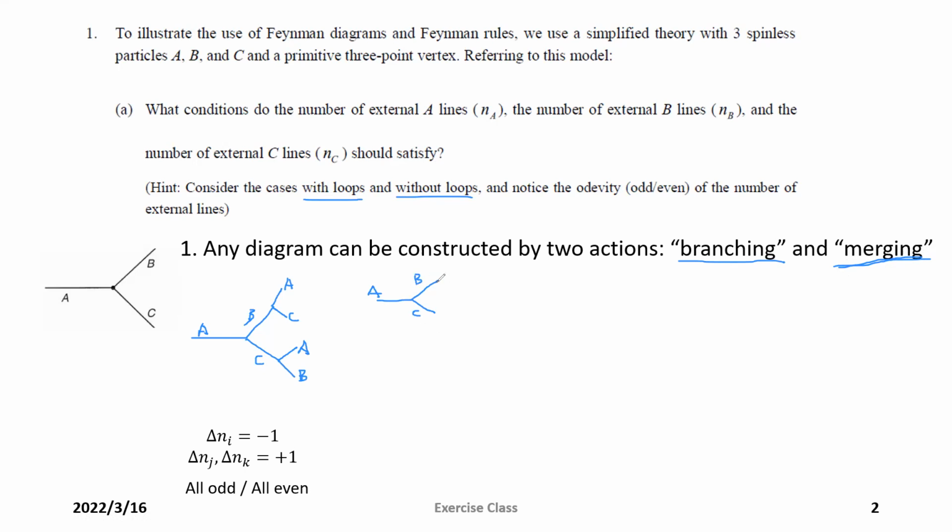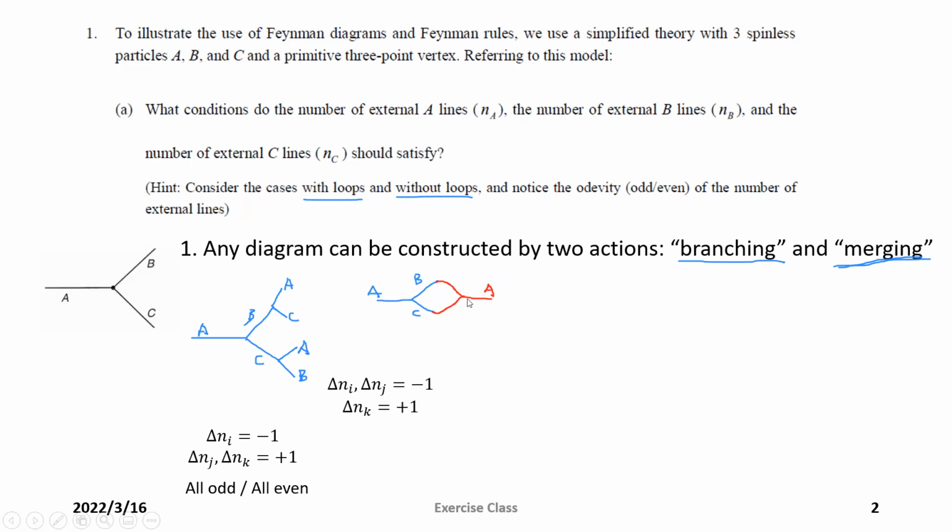And here you can see that we can merge this B and C to form a new vertex. So this is what merging means. And by merging 2 external lines, we can see that initially we have 1 A, 1 B, and 1 C. But after I merge this, the B and C become internal lines. So the number will decrease by 1.